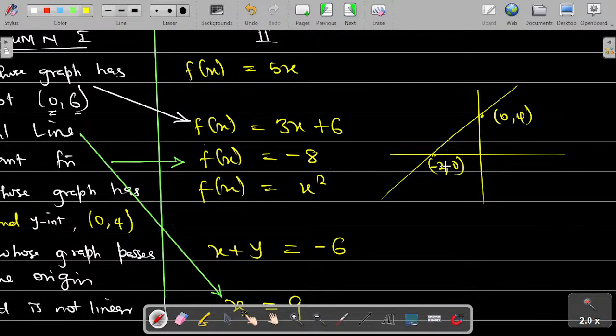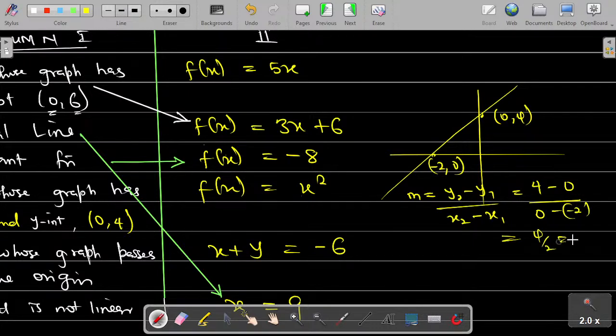Remember that the formula for the slope is y2 minus y1 all over x2 minus x1. So your y2 here is 4 minus y1 is 0, all over x2 which is actually 0, and then here you can see that your x1 is minus 2. It would definitely give you the same thing, which is 4 over 2, and that's equal to 2.